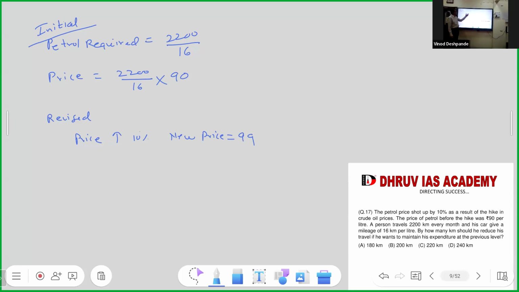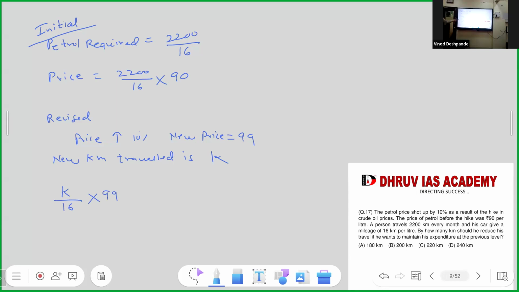Suppose the new kilometer travel is say K. So now the petrol required will be K upon 16 because the mileage is 16, and the price will be 99.